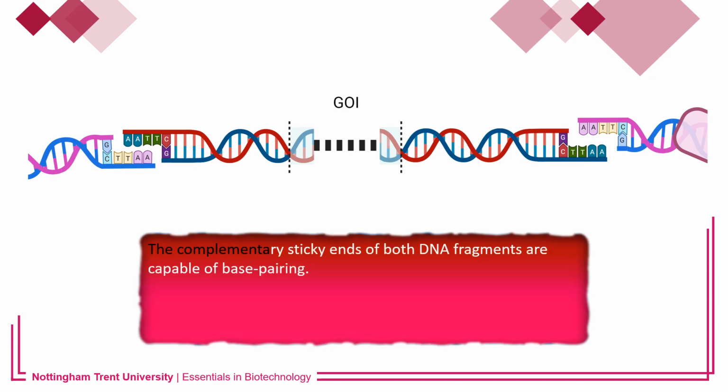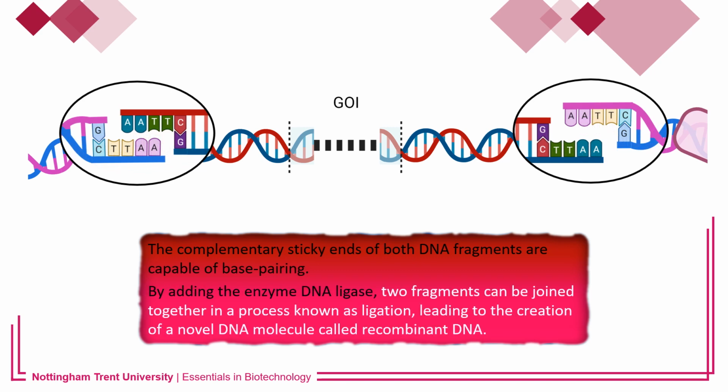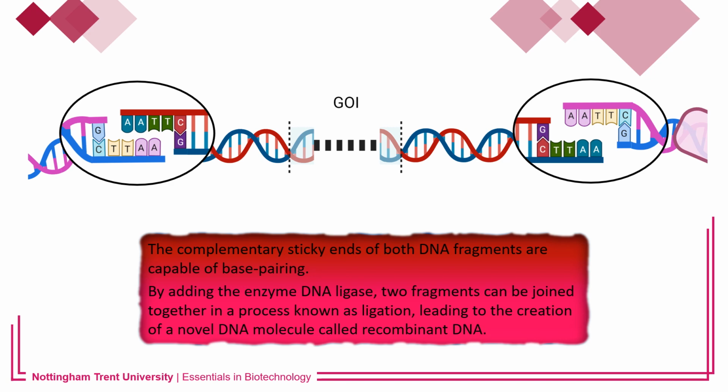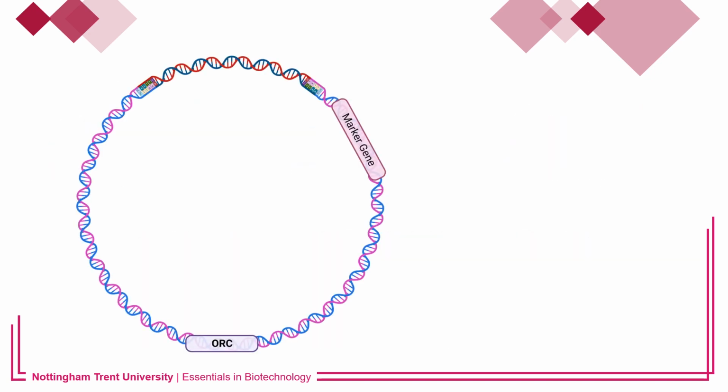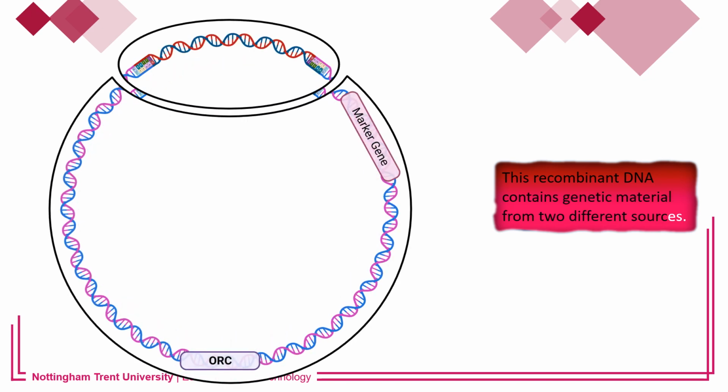The complementary sticky ends of both DNA fragments are capable of base pairing. By adding the enzyme DNA ligase, two fragments can be joined together in a process known as ligation, leading to the creation of a novel DNA molecule called recombinant DNA. This recombinant DNA contains genetic material from two different sources.